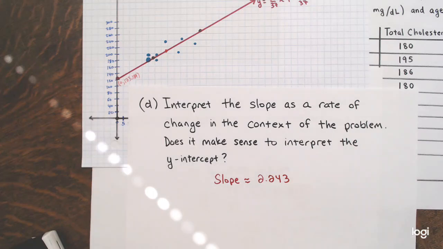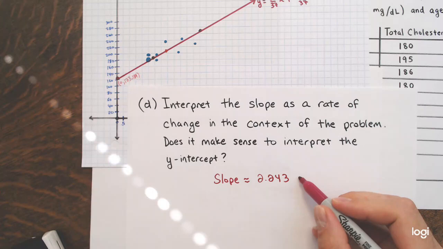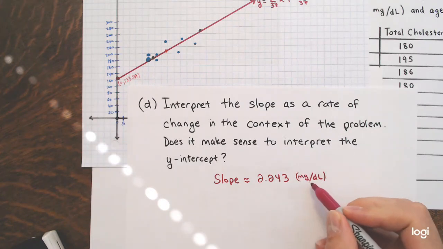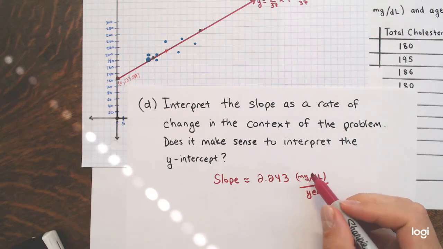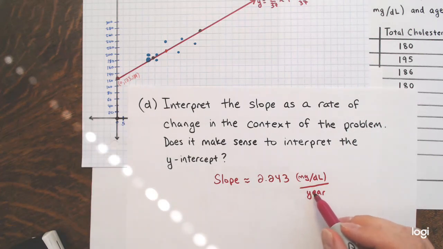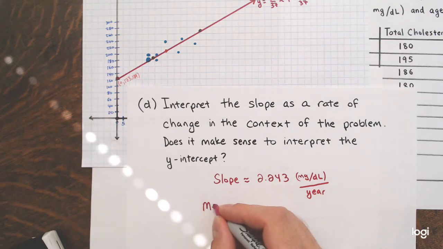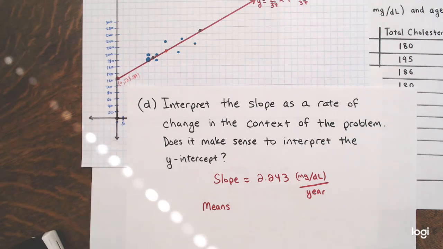All right. Now remember what slope means. Remember the units on this were a change in cholesterol, change in Y, that's milligrams per deciliter, per year. There was change in the cholesterol over the change in age. The slope tells you how to move on the line.